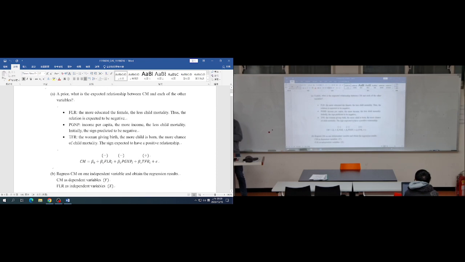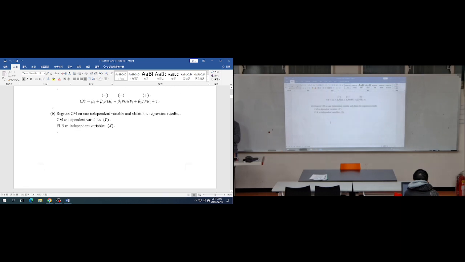Here we have the expected relationship with the dependent variable: the more educated the female, the less child mortality; the more income, the less child mortality; and the more women giving birth, the higher the chance of child mortality. Here you can see our equation with the expected sign for each variable.